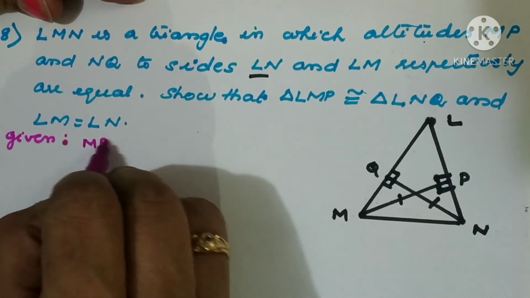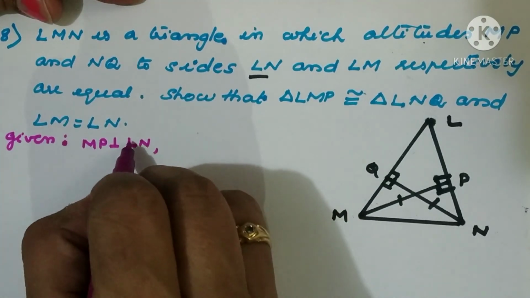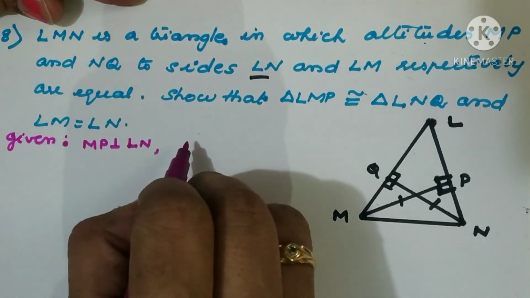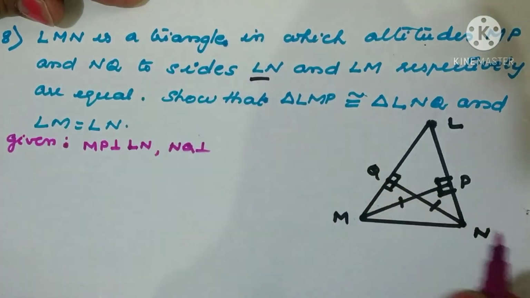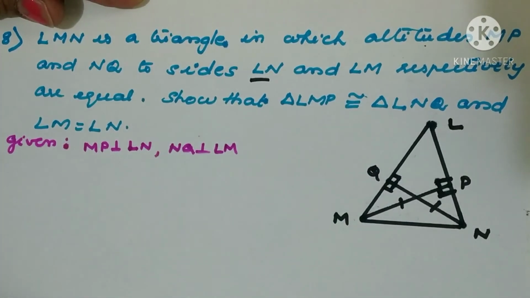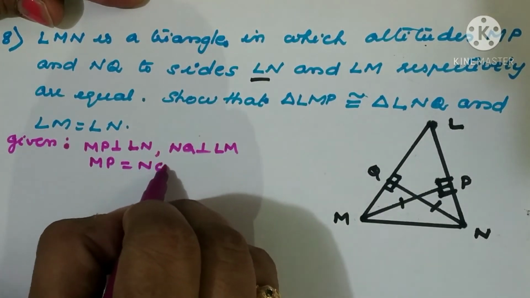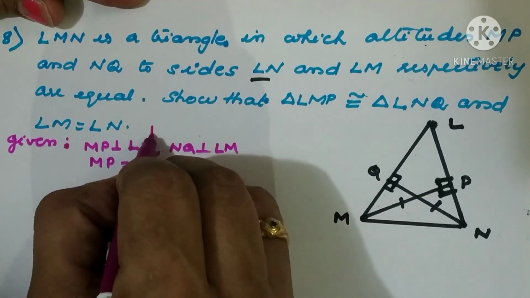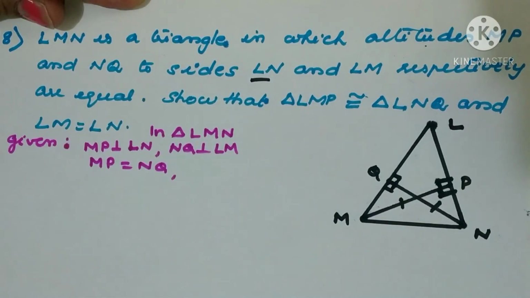MP perpendicular to LN, NQ perpendicular to LM, and also MP equal to NQ in triangle LMN. Right? These are the things given.